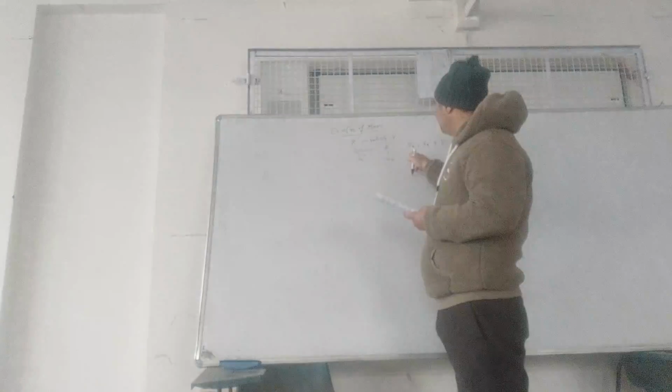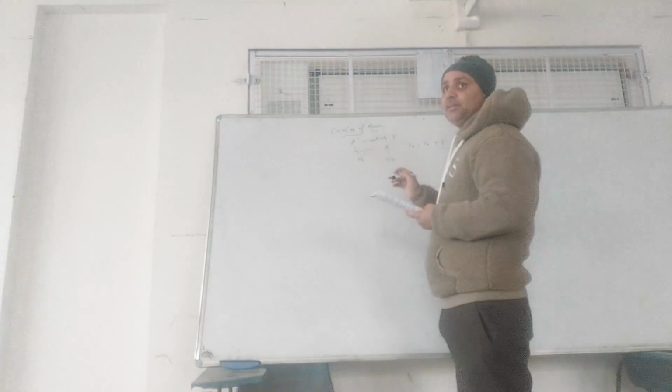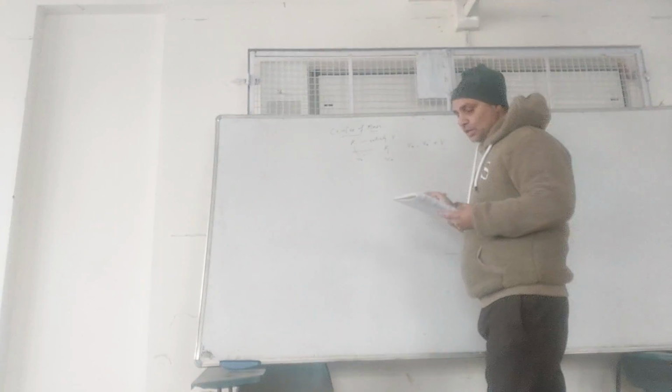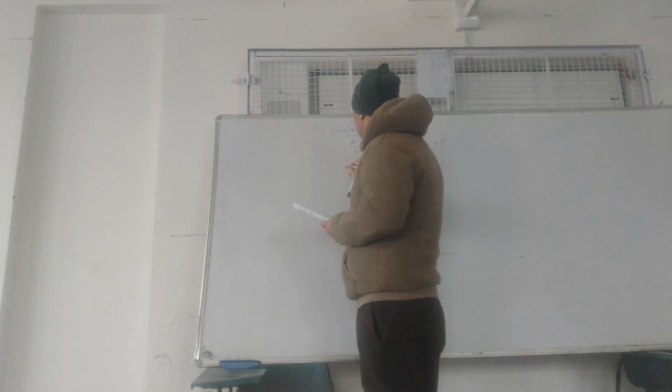So the relative velocity of one frame can be written like this. So how do we see momentum?